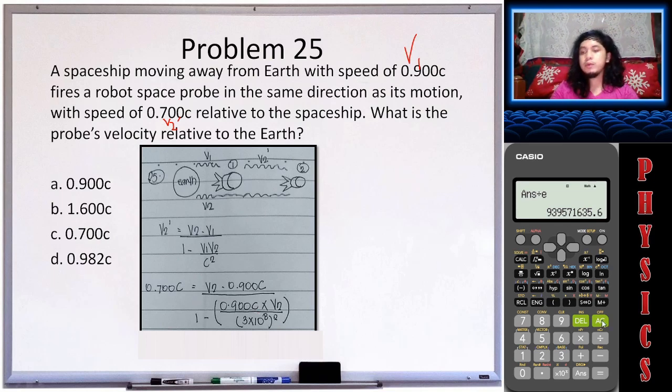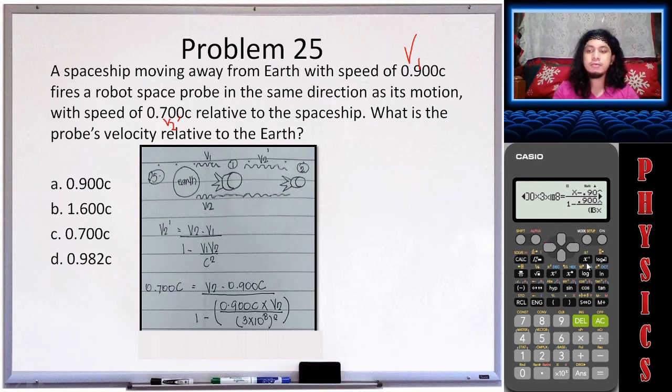So, we have 0.700 times 3 times 10 to the 8, yung ating ginagamit, equals x minus 0.900 c, all over 1 minus 0.900 c times x all over 3 times 10 to the 8 squared. Pag ganyan para hindi kayo malito.